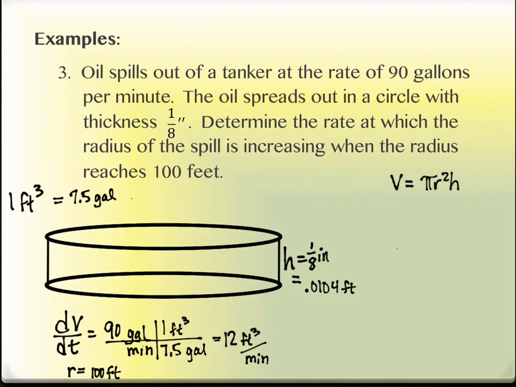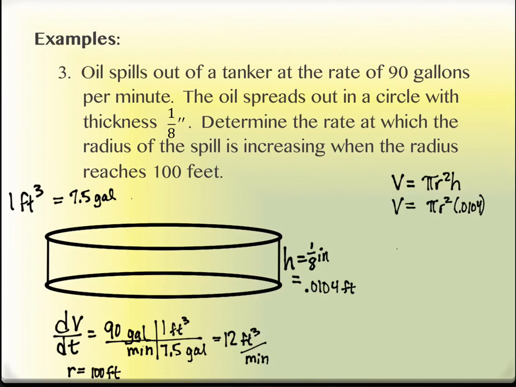So we're going to take the derivative, but the reality is that the height is a constant. So I'd actually really like to put the height of the 0.0104 in there to start with. I don't want to confuse things and think that I'm working with a variable there. So in a very real sense, I actually am going to take the derivative of this.